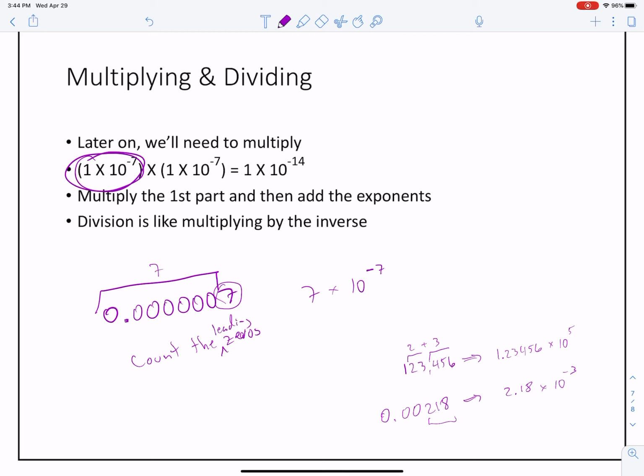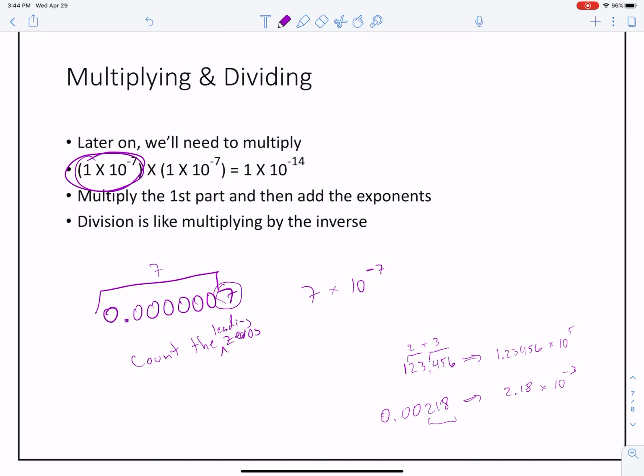Now, if we're wanting to do some quick math to understand some things, and we need to be able to multiply these weird numbers in scientific notation, then it's something that's fairly straightforward.